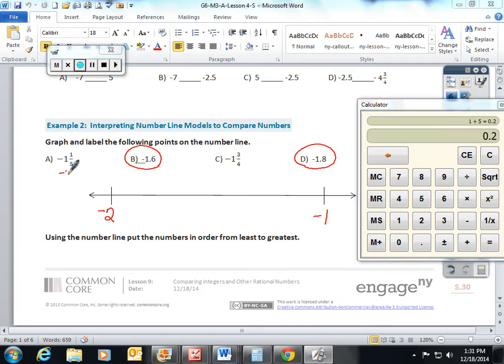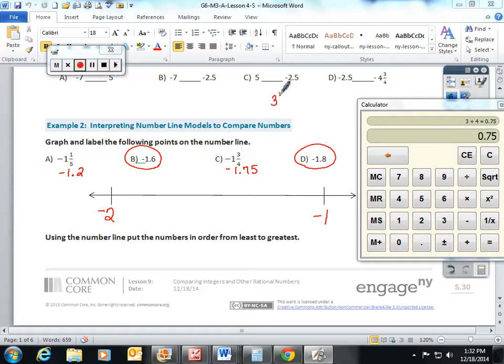You have to remember the -1 was there, so it's -1.2. Then I had them change 3/4, 3 divided by 4, on their calculator, and that's -1.75.